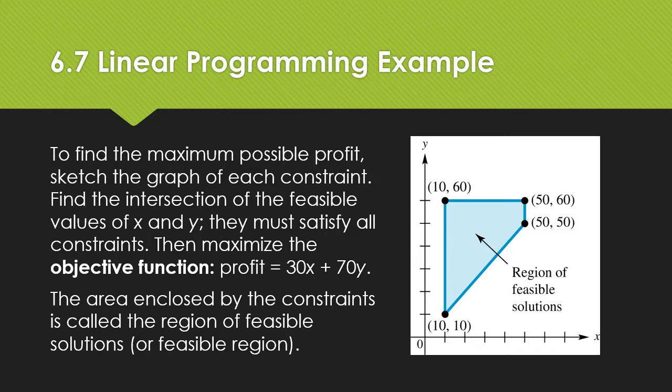Then the diagonal line is the line X equals Y. And X has to be between 10 and 50. We put those together and we get a polygon. In fact, if you remember from geometry, this is a trapezoid. This is the region where our solutions have to come from. Anything outside of this is not feasible because it does not meet the conditions we need for production.